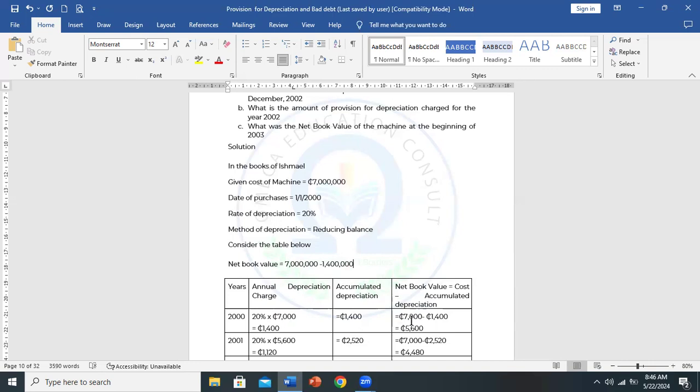I have done that calculation here: 7 million minus 1,400,000. So you get a net book value of 5,600,000. So in the second year, you apply the rate on the net book value.